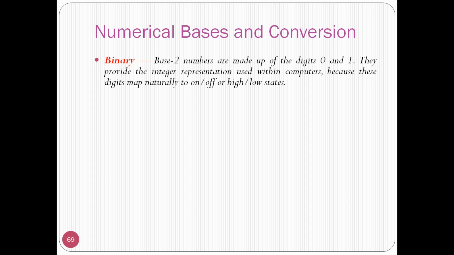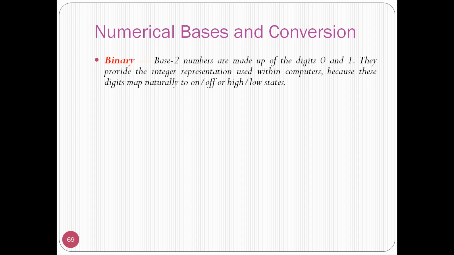The first is binary, which has base two. Numbers are made up of digits 0 and 1. They provide the integer representation used within computers because these digits map naturally to on, off, or high, low states.